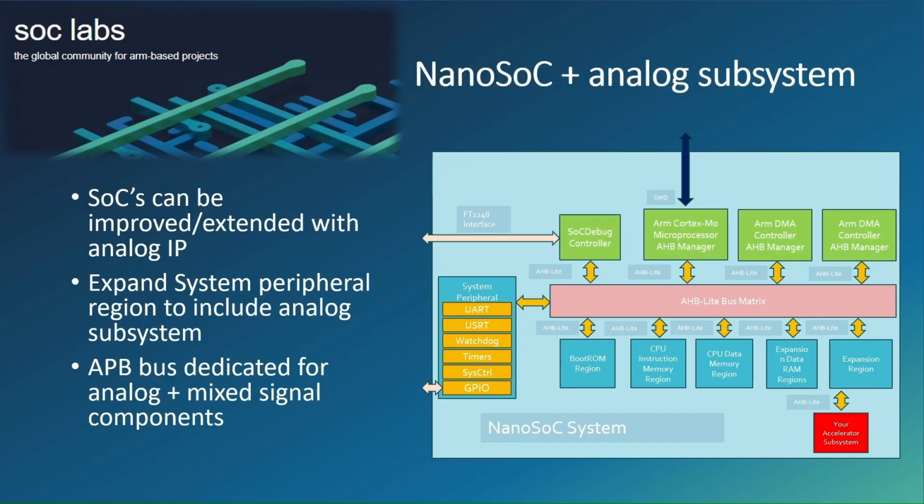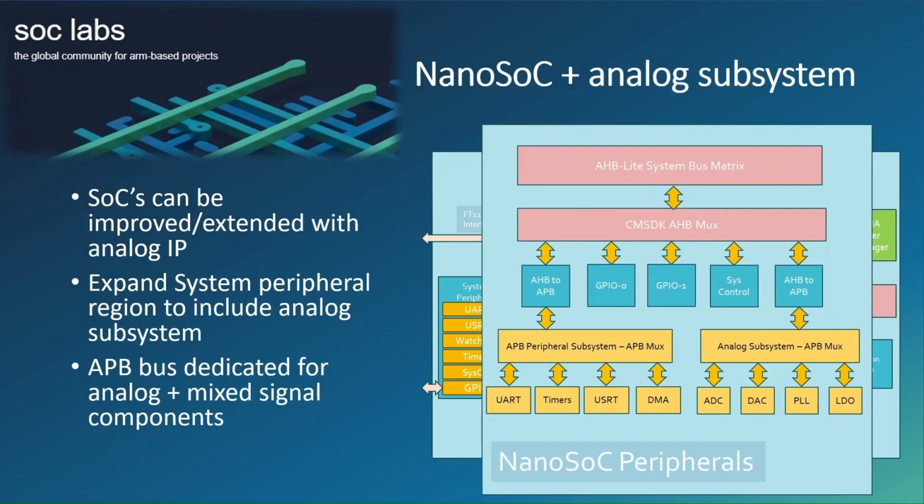The way that we've done this in NanoSoC is to take our peripheral region, which is the APP subsystem, to include an analog subsystem. And then we've split this so there's a dedicated analog and mixed signal bus and the digital side as well. As you can see, the split down here.